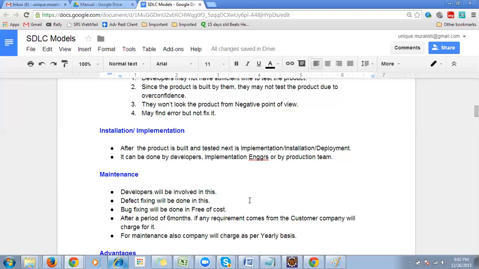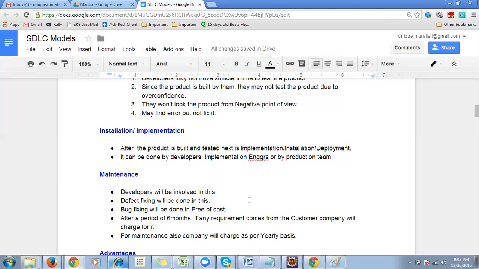Defect fixing will be done in this. Bug fixing will be done free of cost. That means for the first 6 months or 1 year they will give it free of cost. Then from the next year onwards, if the client wants to continue, the client has to pay for that.